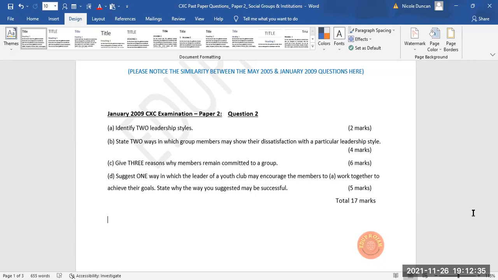Another thing we can identify here is that, usually in strong cases of dissatisfaction, they might even vote out the leader at an opportunity when they have that occasion.